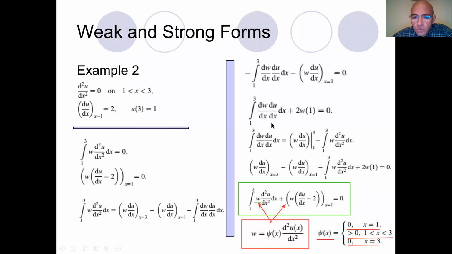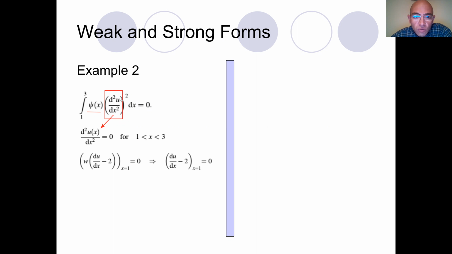Now, since this function is positive, we choose it so, the only way that this expression is satisfied is that this term is 0. If this is 0, because it is the square of d²u/dx², this term is always positive.